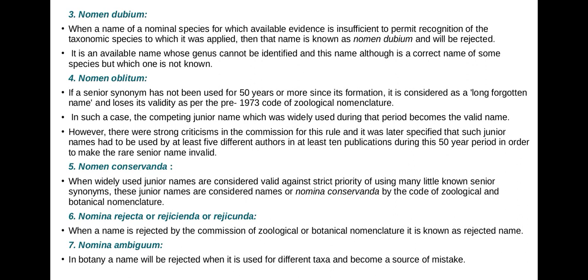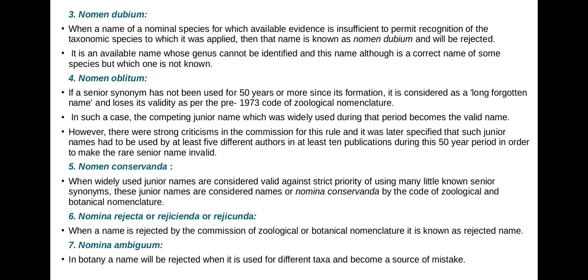nomen oblitum. If a senior synonym has not been used for 50 years or more since its formation, it is considered a long forgotten name and loses its validity as per the pre-1973 Code of Zoological Nomenclature. In such a case, the competing junior name, which was widely used during that period, becomes a valid name.